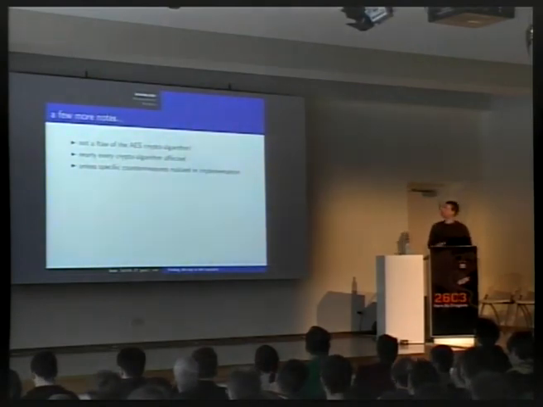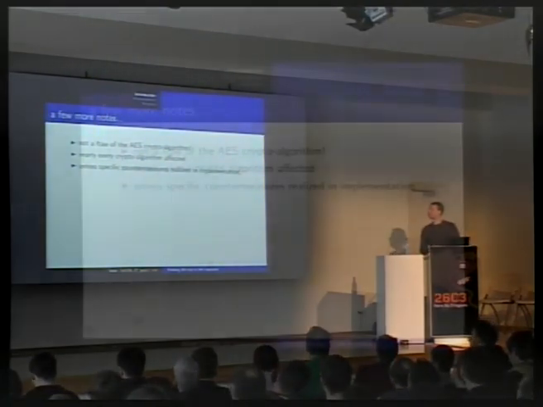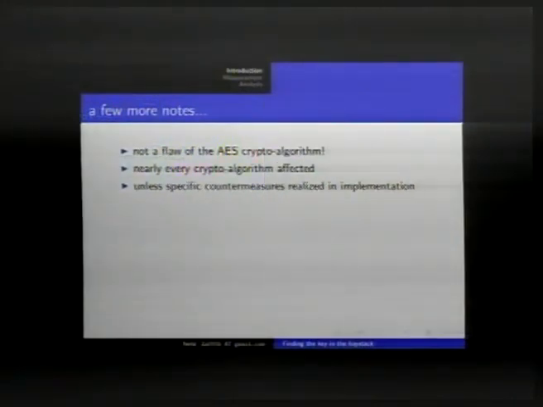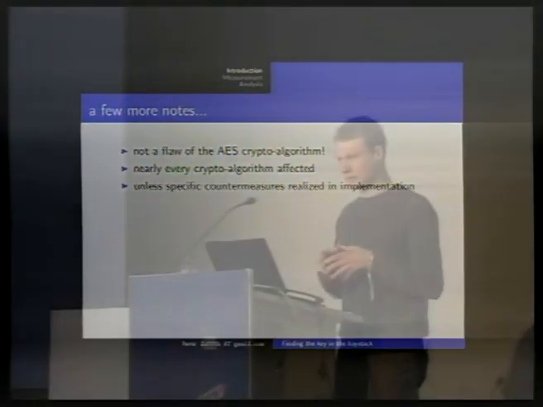A few more notes before we start. We won't attack a flaw of the AES encryption algorithm here. Side channel attacks are a problem for every crypto algorithm, or for nearly every crypto algorithm, unless the programmer is aware of this issue and does the implementation with countermeasures.